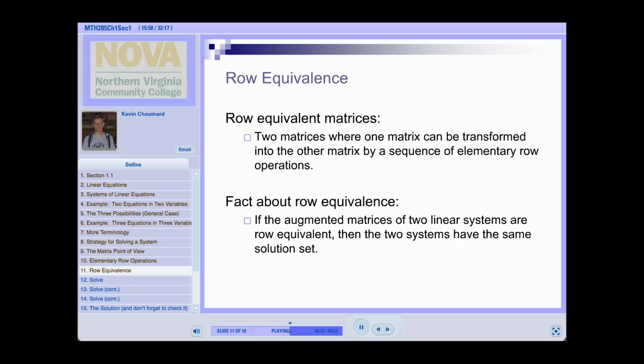And of course, the key point that we've been hammering all along is that any of these operations that produce these row equivalent matrices, any of those operations preserve the solution to the system of equations.